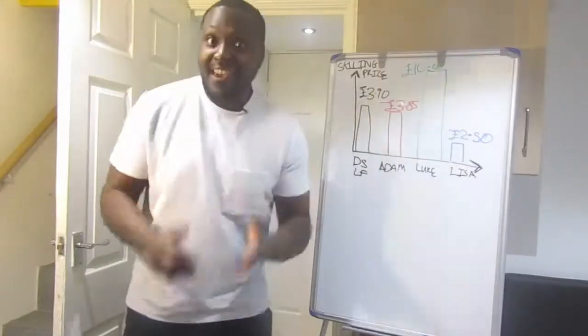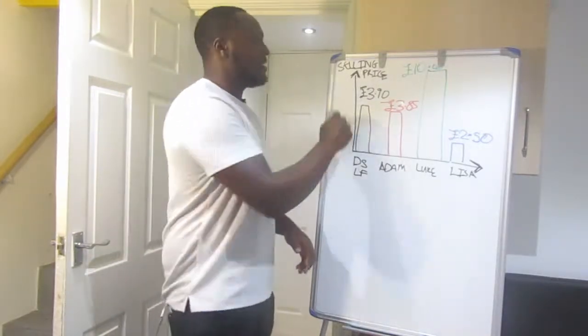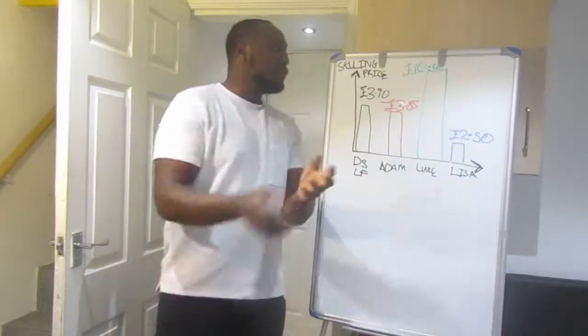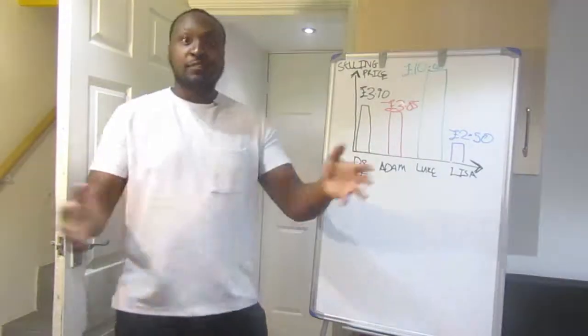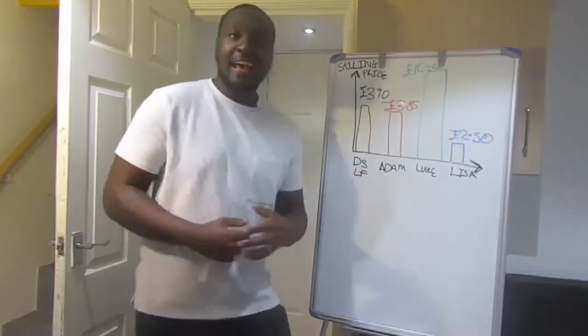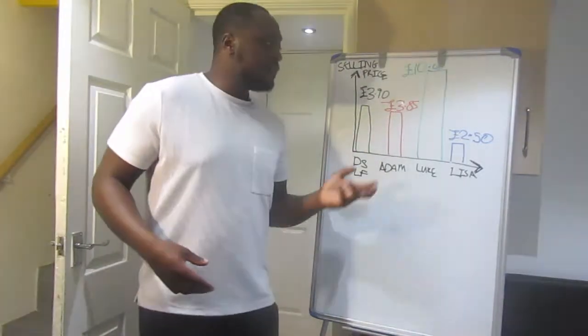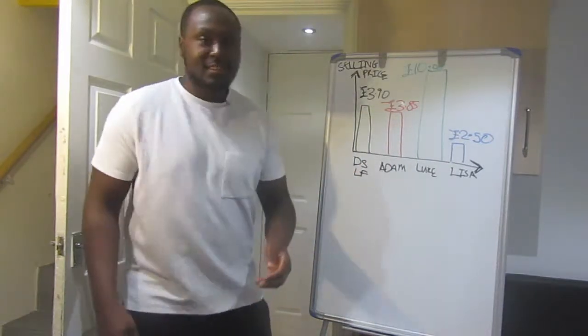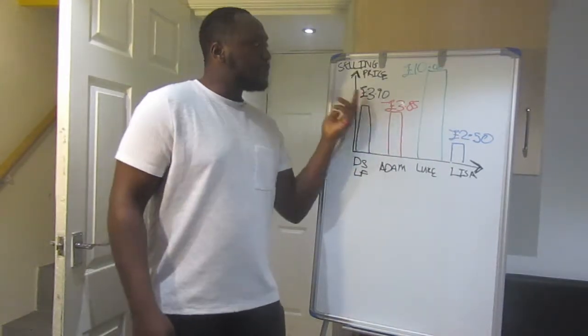So what you have here is DS Learning Finance selling his 1,000 stocks at £3.90. That's cool. But you also got Adam selling his 1,000 stocks at £3.85. And you also got Luke selling his stocks at £10. And even though that's definitely not going to get bought because that's way overpriced, you can see that the general market would be around here.